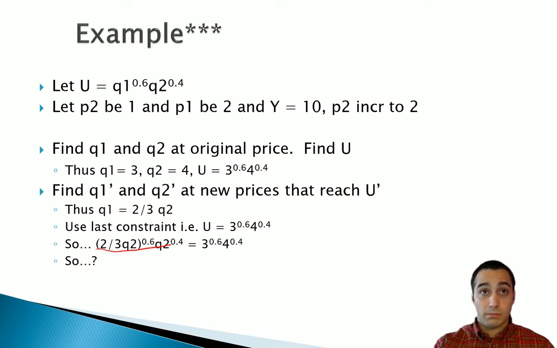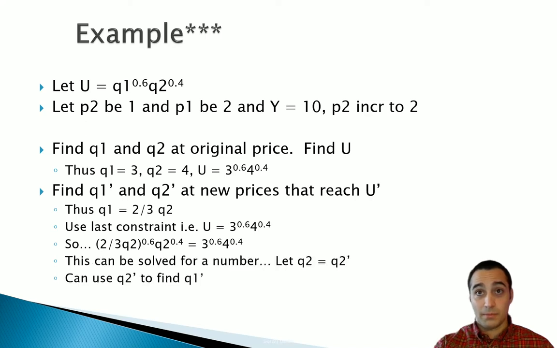You'll find this is an equation with only one unknown. This can be solved for a number. I'm not going to do it because it would be messy and have a lot of decimals, but this is totally solvable. We're just going to call that Q2 prime. Similarly, we could take Q2 prime, plug it into this, and get Q1 prime. Again, we have two equations, only one unknown. We're good to go.